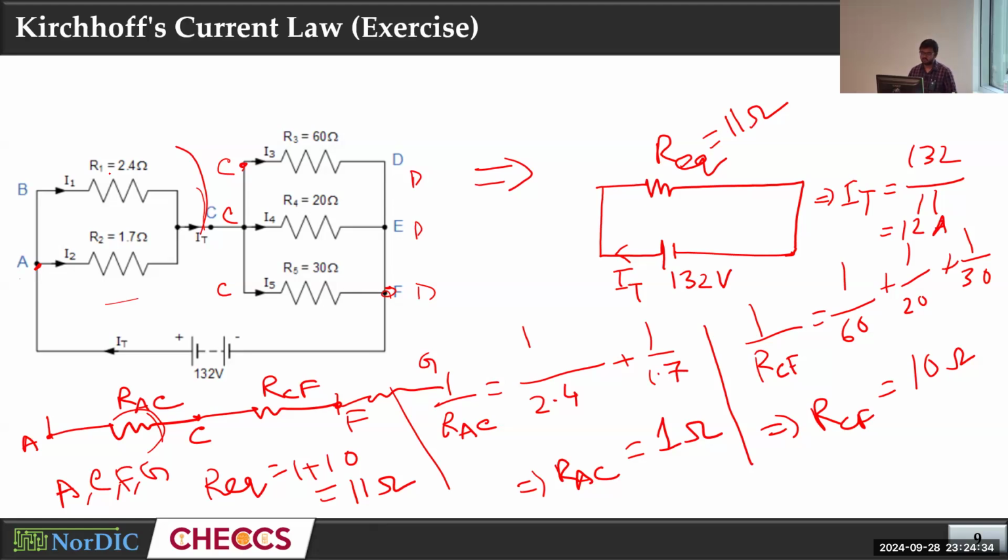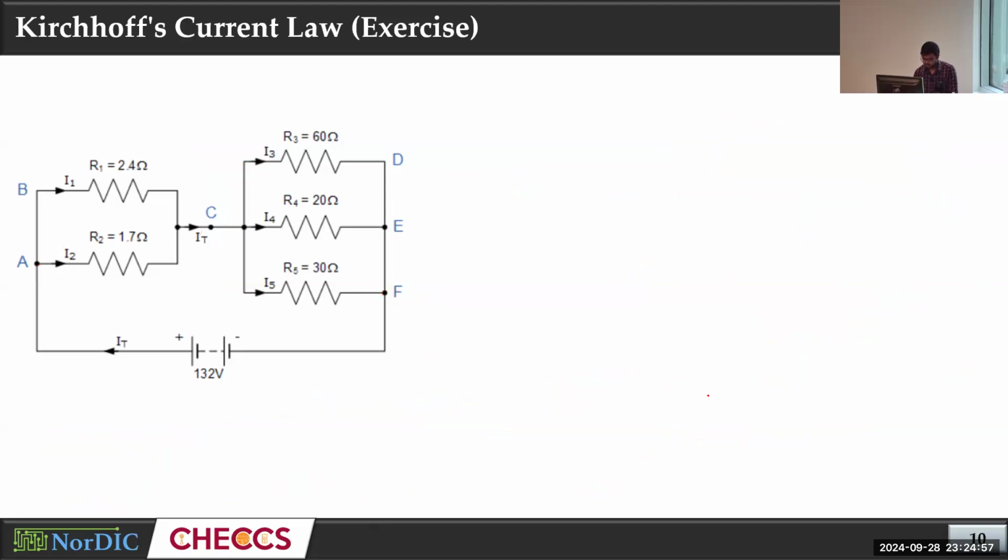And what is that voltage? That voltage is VAC, the voltage between A and C. Is that correct? Yeah. For these 2 resistors, the voltage will be VAC, and for these 3 resistors, the voltage will be VCF. Okay? And we have this, so let's go back here. So we ultimately ended up here. So this is C.